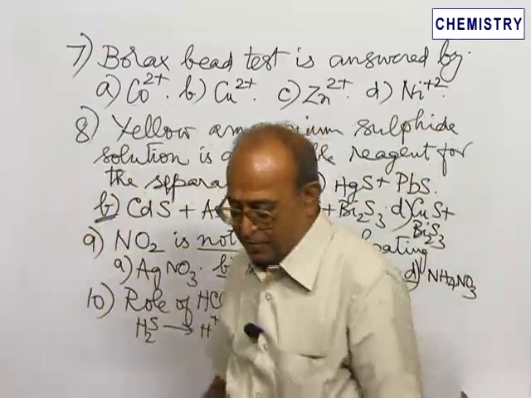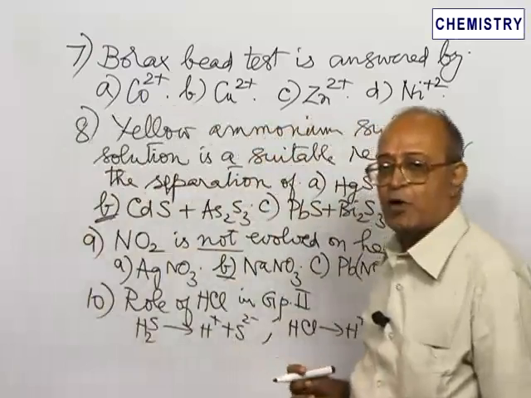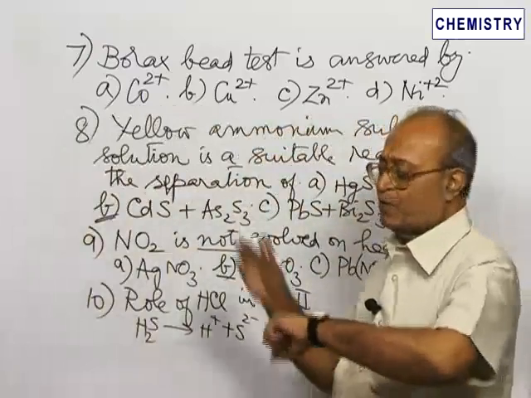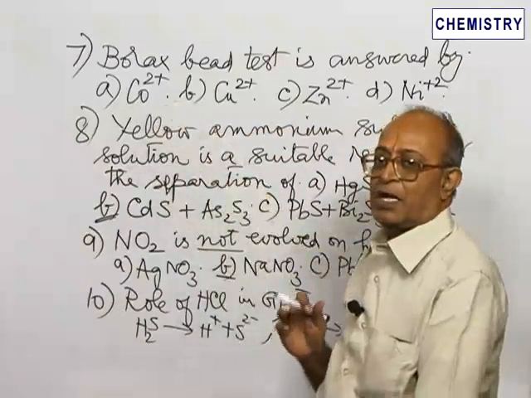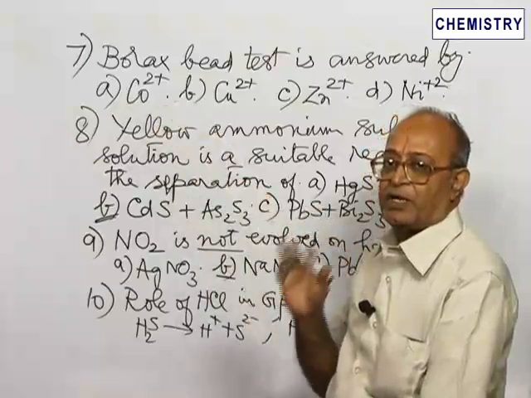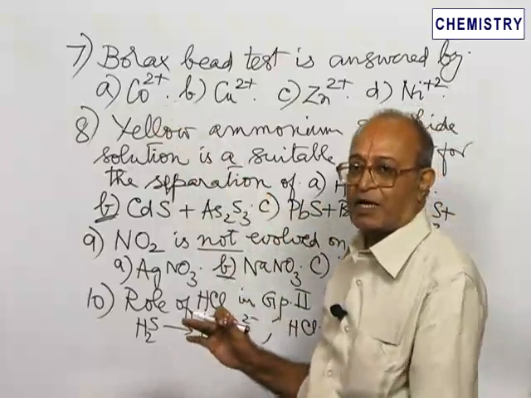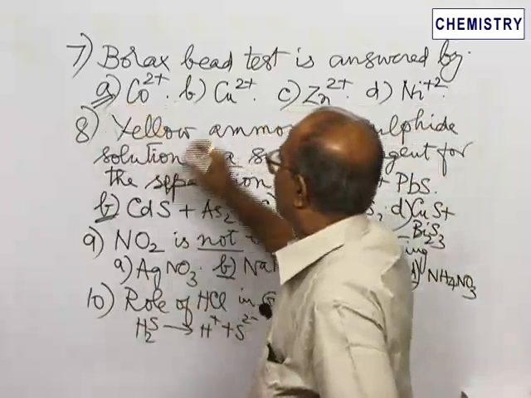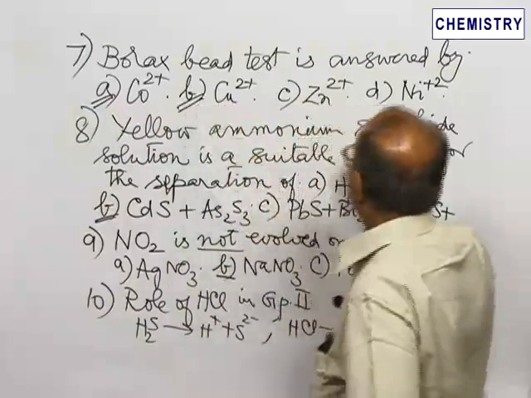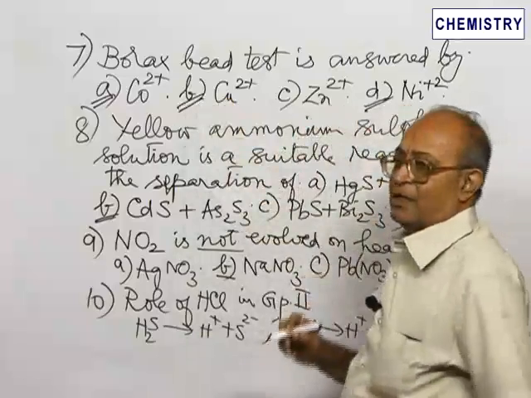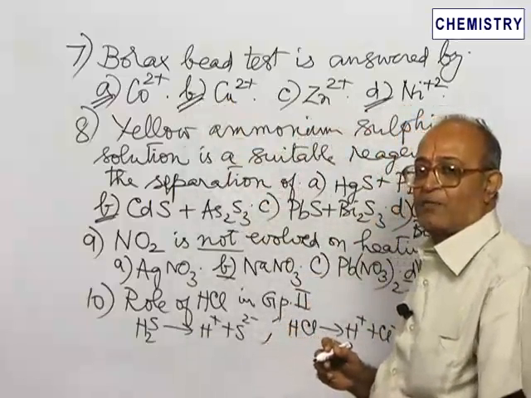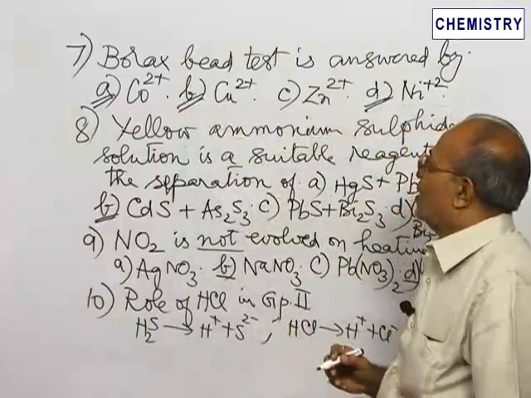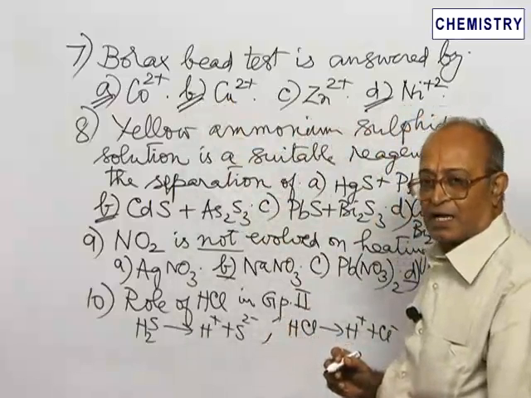And based on the principles of the borax bead test, we can come to the conclusion that the borax bead test is answered by colored salts, namely A, B, D. These 3 form colored salts, whereas zinc salts are colorless.